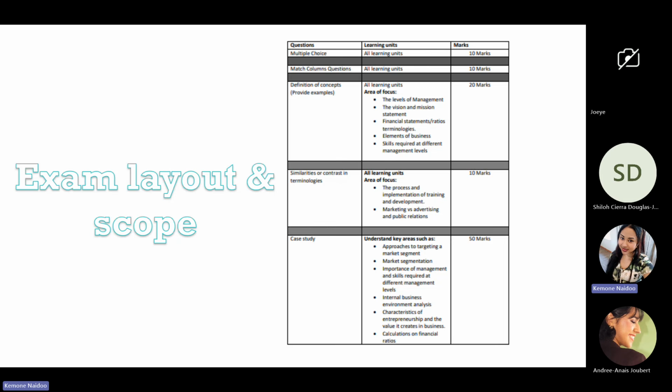However, it is completely up to you if you want to follow the scope or if you want to go ahead and study everything just to be sure. I always would study everything because you never know what could come out that was not in the scope, and you don't want to limit yourself. But this is some things that we were told that you could focus on.